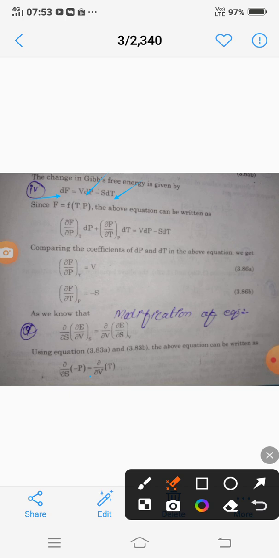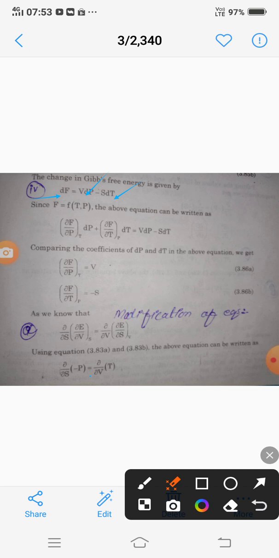There we found that the differential E over differential V at constant entropy was equal to minus P, and we also assumed that the change in internal energy divided by the change in entropy at constant volume is equal to the temperature.